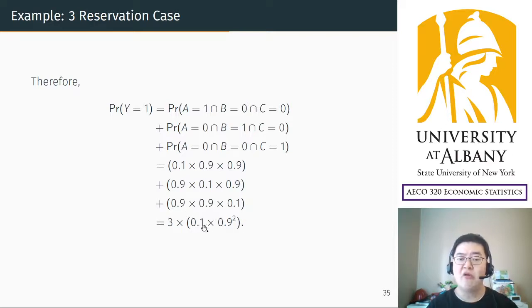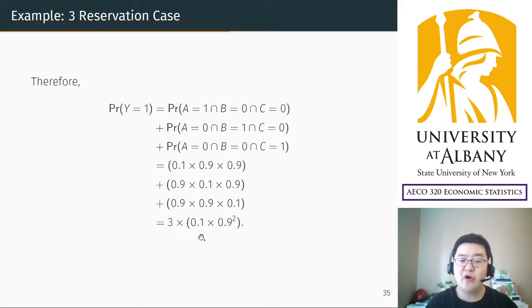So 0.1 is the probability of cancellation, and 0.9 is the probability of non-cancellation, which happens twice, because there are 3 reservations, 1 is canceled, and the other 2 are not. The canceled reservation has probability 0.1, and the other 2 have probability 0.9.